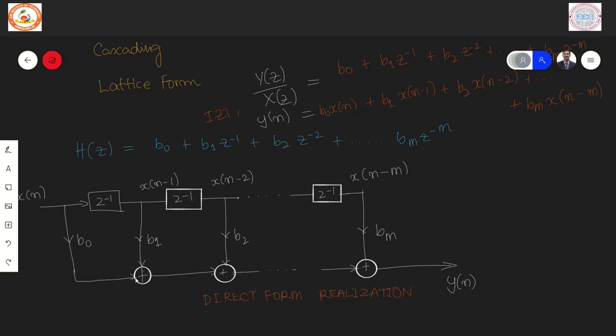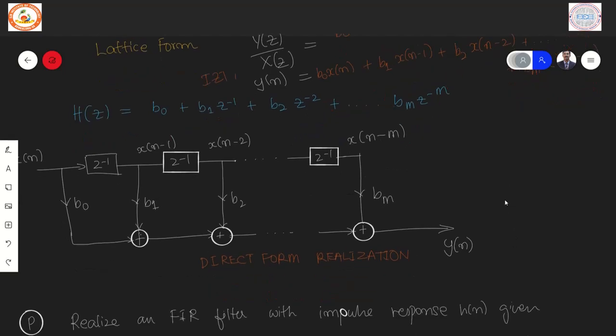The product terms are combined here, and this sum is added with the product, which is B2 times x of n minus 2. This continues to the very last, and combining all these values gives you the output called y of n. So this is called direct form realization. In the case of FIR, we do not have direct form 1 and direct form 2 like we had for IIR. Here we just have a simple direct form realization.